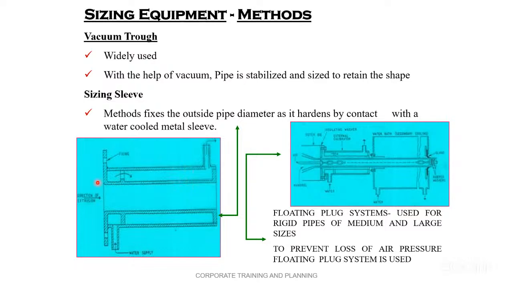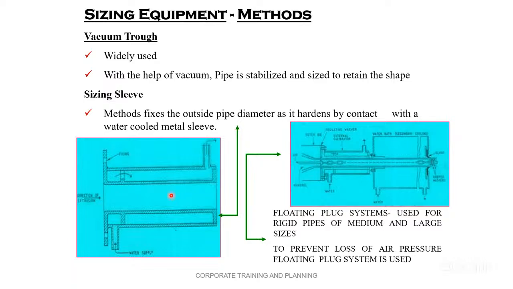Secondly, here the sleeve is perforated. This is a perforated one, and therefore the pipe gets a small lubrication also. Due to vacuum, the pipe will get its outer dimension. The outside dimension is very close to the inside diameter of this vacuum trap.